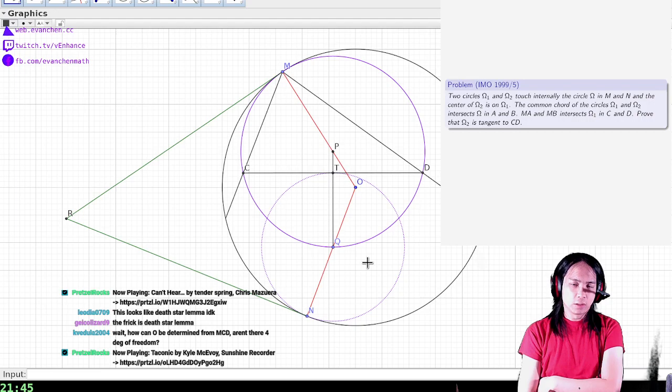Aren't there 4 degrees of freedom? I think the problem has 3. I think you pick... Am I crazy?